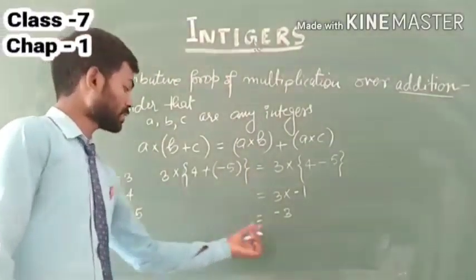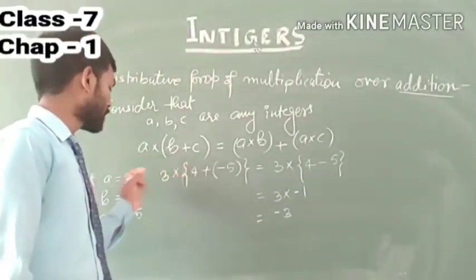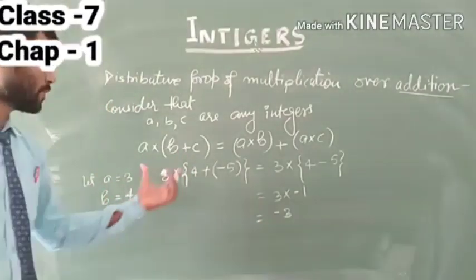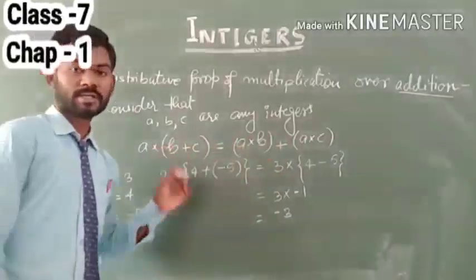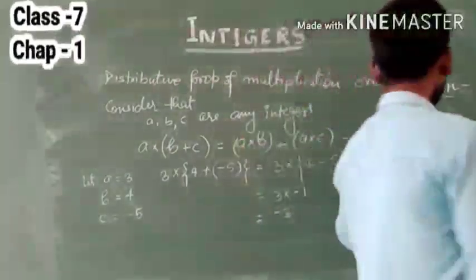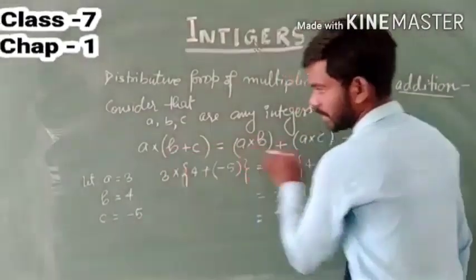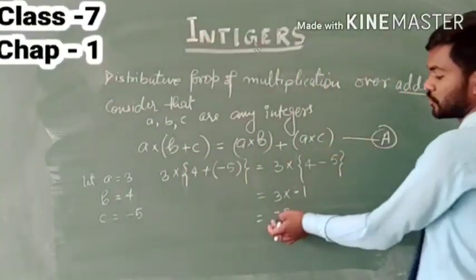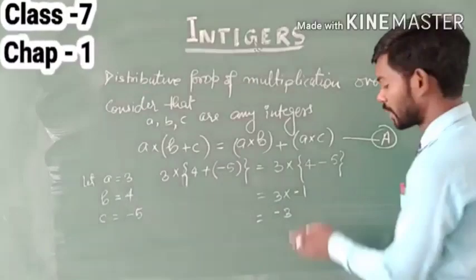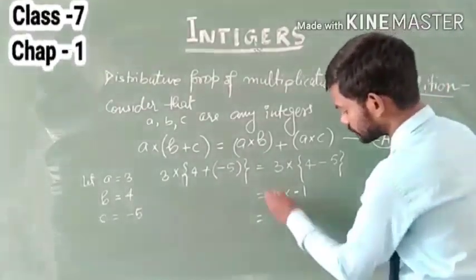So this is the value when we put the integers 3, 4 and minus 5 in the left side of this statement. You can say that this statement is A. When you put the values in the left hand side of statement A, you get the result minus 3.